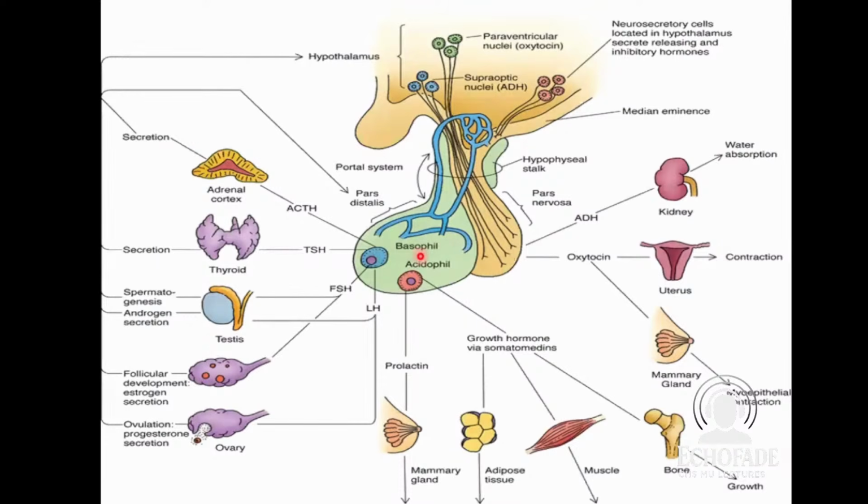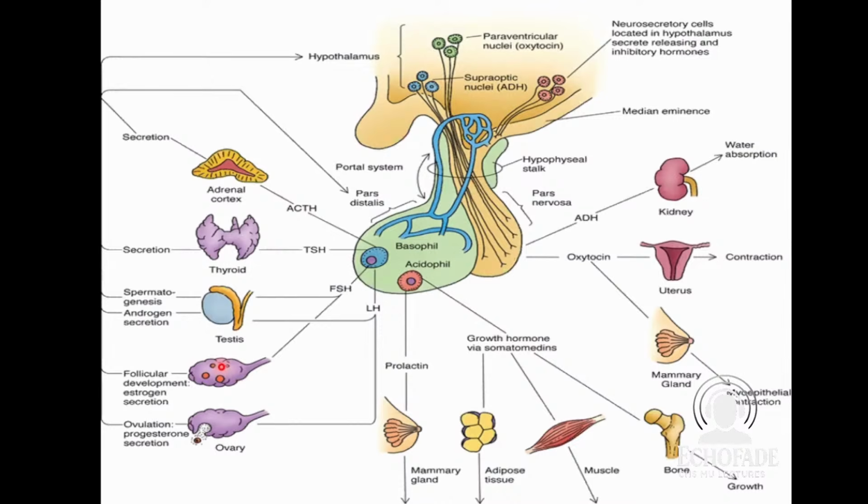Among the hormones produced are prolactin, that is very important in development of the mammary gland, and growth hormone, that is very important in the growth of bones, muscles, and adipose tissue in the body. We have luteinizing hormone, very important in the release of the ovum during ovulation, and also very important in secretion of testosterone in the testes.